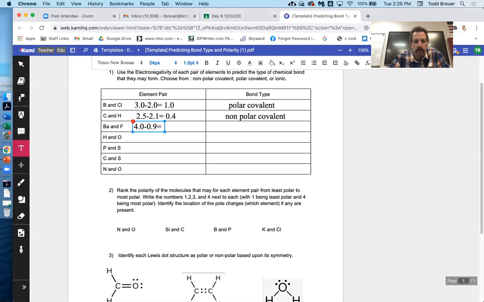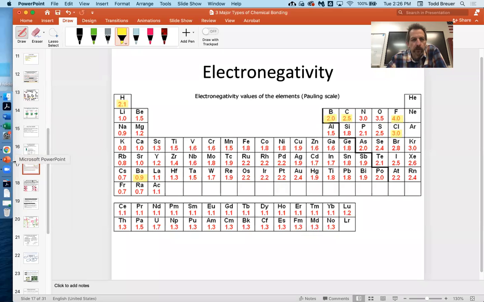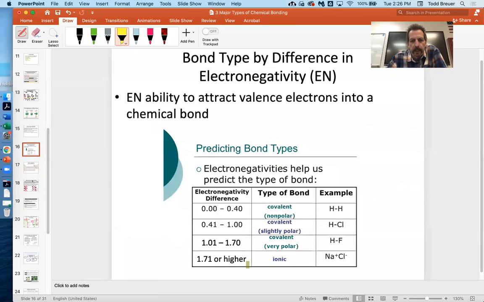And that comes to a value of, what is it, 3.1. So when we consult the chart for that, we're going to find out that that is ionic, right? Greater than 1.7. So very strong attractive force, right? So particles that are ions have strong attractive force for oppositely charged ions. So we will call that guy ionic.